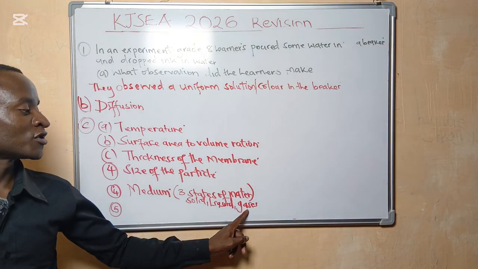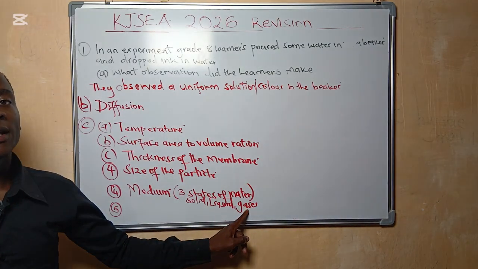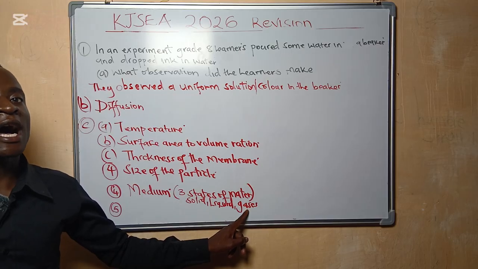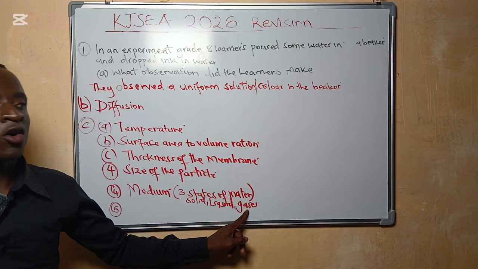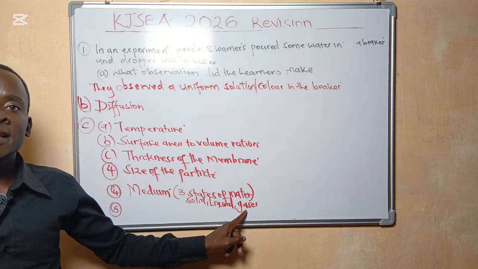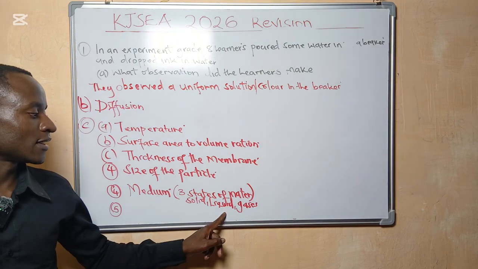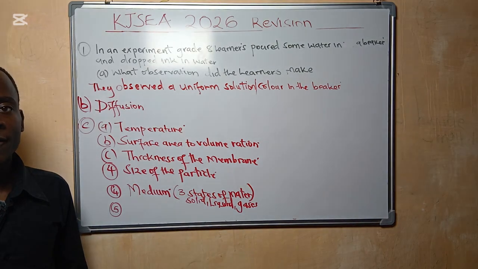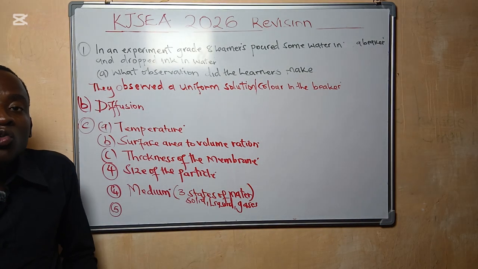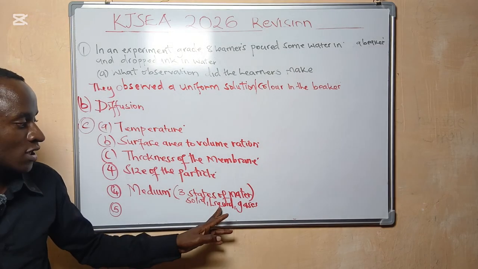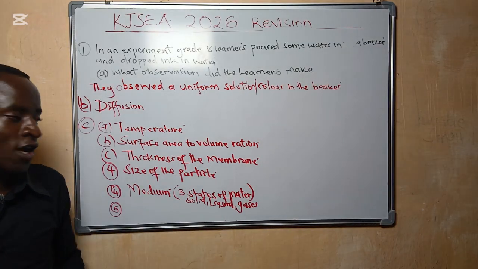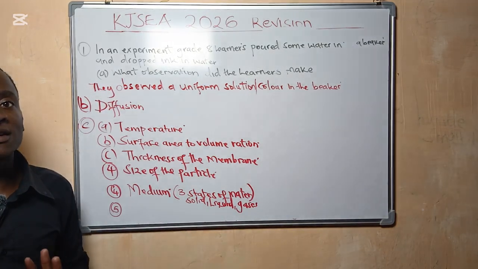The reason why diffusion is faster in gases than liquids is that the particles in gases are far apart from one another, or the kinetic energy in the particles of gases is higher than the kinetic energy in the particles of liquids. So the particles in gases are able to move faster than the particles in liquid. At our level here, diffusion does not take place in solids.